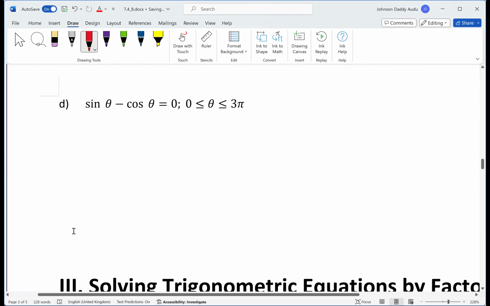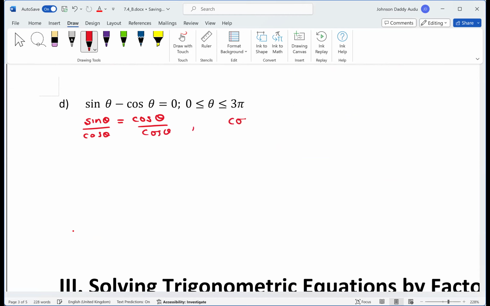Now for D, this one has restrictions. So how can we solve this? We can write this as sine theta equals what? Cosine theta. And then we can divide both sides by sine theta, or we can divide both sides by cosine theta.